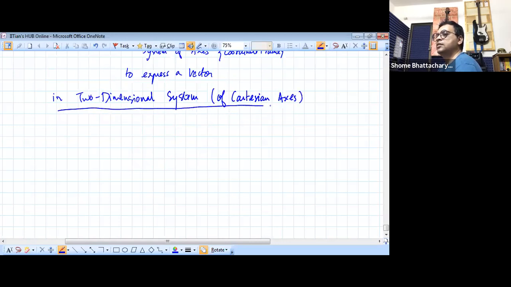Only xy plane, no z axis. Okay, only two mutually perpendicular axes which you are used to in coordinate geometry, that type of axis. Okay, we define x-axis and y-axis.